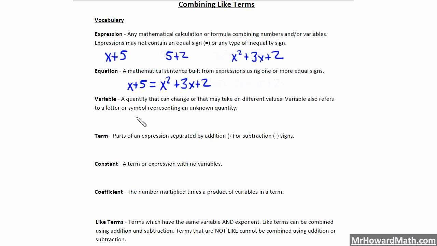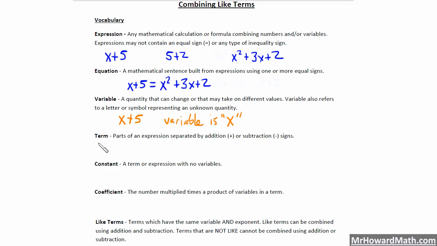So in the case of x plus 5, we'll just keep using that, our variable is x. Okay? In this expression, x plus 5, the variable is x.